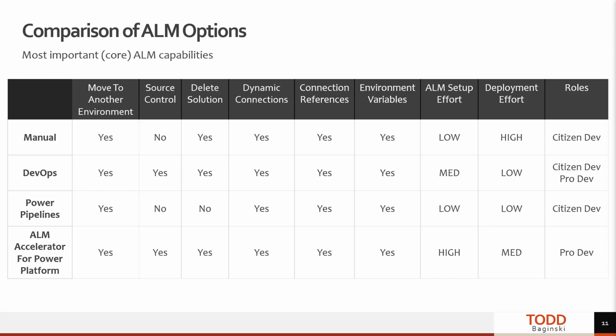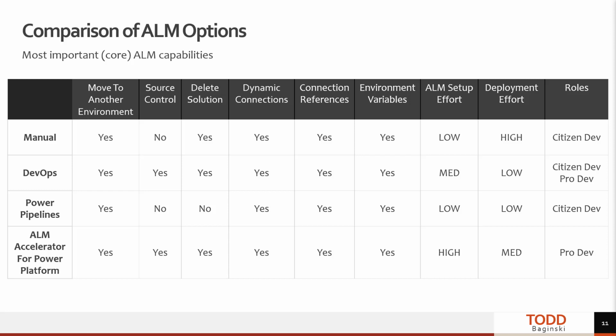But after it's set up and ready to go, I don't see any reason or hangups on why a citizen dev couldn't kick off a pipeline to move their solution from one place to another, or to take their solution and place it into DevOps, for example. So those are the different pieces of the puzzle that I'm evaluating it on.